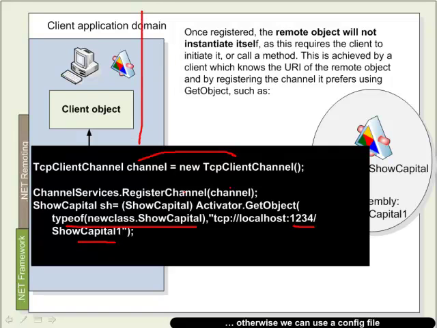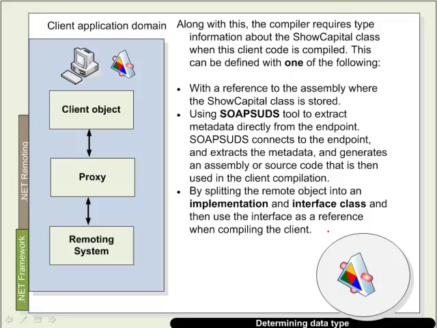So these are defined on the client. This allows us, if we add it as a reference to our project, to take the DLL from the server and add it into our local project. Another method that we can use to actually find out what the details of the DLL are is soapsuds, and we can also create an interface class.